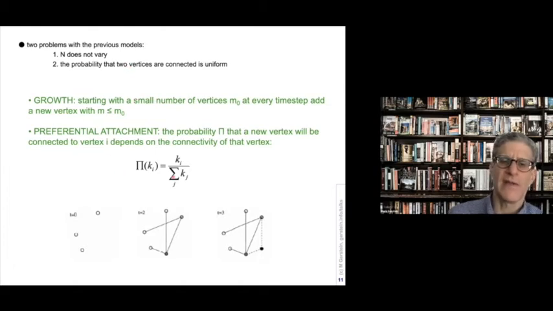Now in the Barabási-Albert model, we're going to introduce this notion of preferential attachment. So we're going to have a number of vertices, and then at each time step, we're going to add to them. But the probability that we add is going to be proportional to the degree of the vertex.